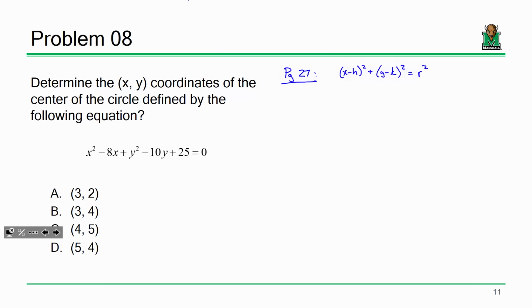You all probably remember that from pre-calculus, if I'm guessing. Somewhere between algebra, trig, and calc 1. Okay? Now, the radius of this circle is r. The center of this circle is h comma k. So what we need to find is h comma k, the center of the circle. Now, here's the equation.